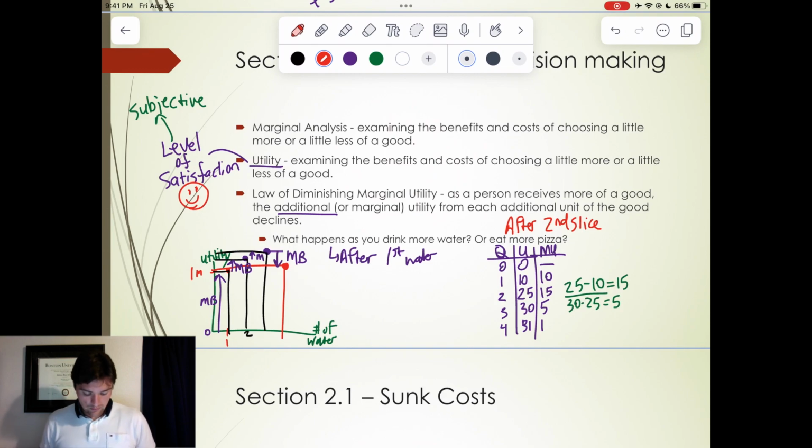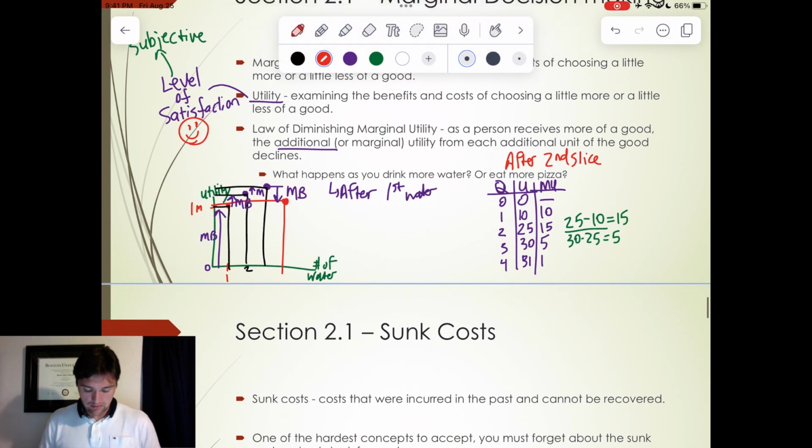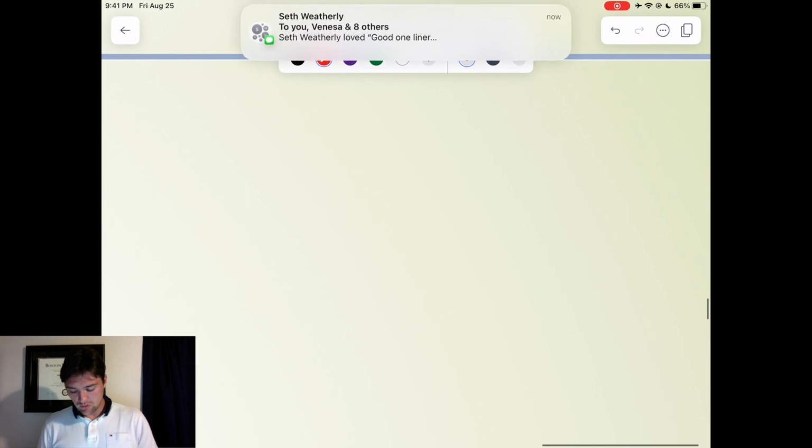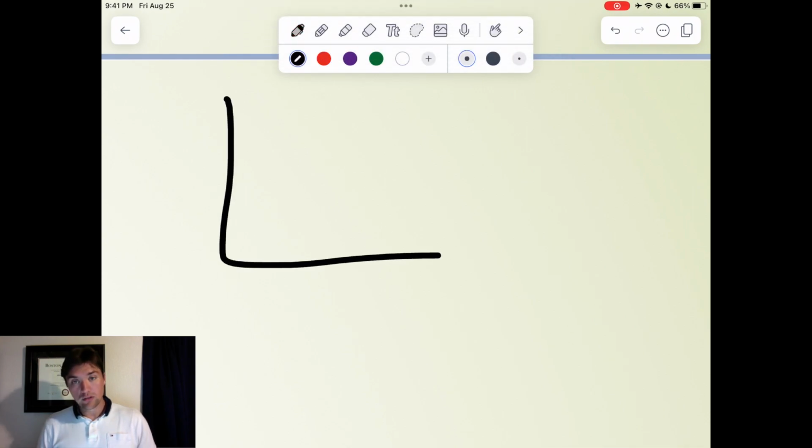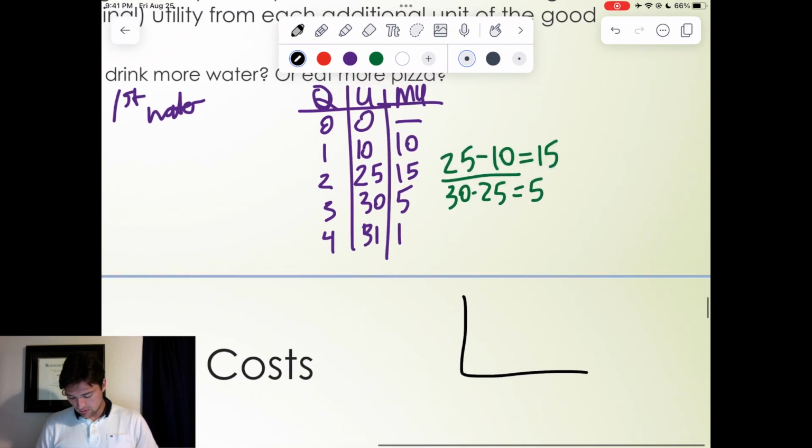Okay, and that's how diminishing marginal utility works. On a graph, if you're wondering how this works, it would look something like this. We would have the utility be increasing. So let's use the pizza example. It would be 10, 25, 30, and then 31.